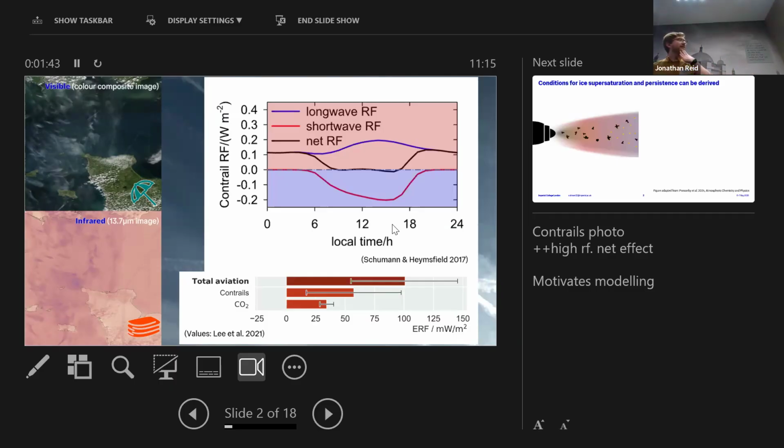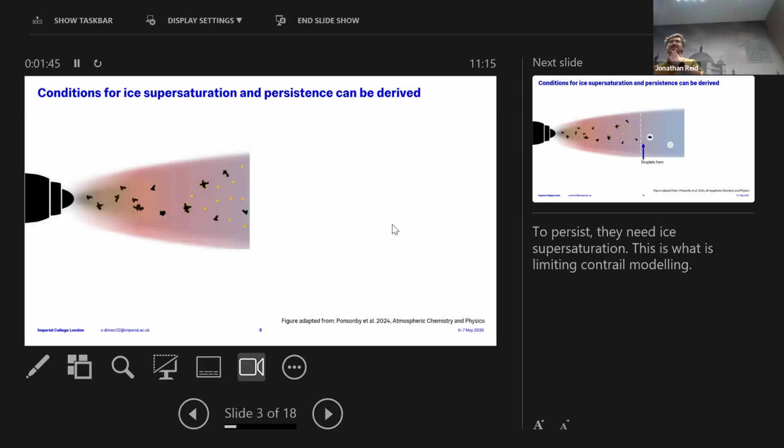So luckily, doing some aerosol science that I've borrowed from Joel, we can work out some fairly straightforward conditions for contrail formation and persistence and determine their effect. So we've got this exhaust out the back of an engine, which then goes on to form droplets as the air mixes and cools.